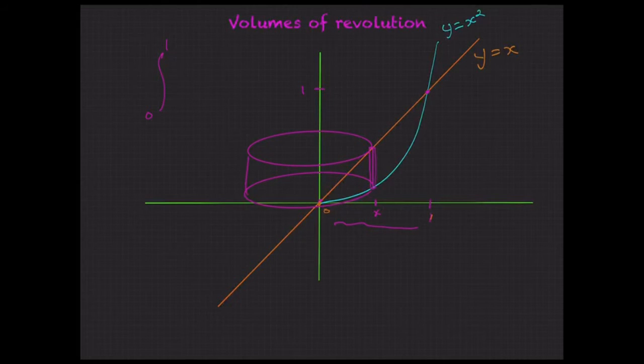I end up with this thing that we call a shell. So it's kind of like a tube, and I honestly have no idea why these things are just going away.